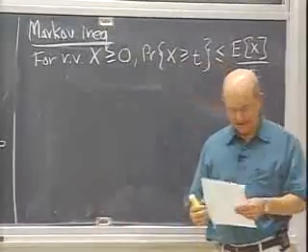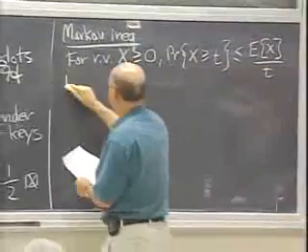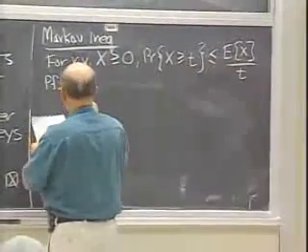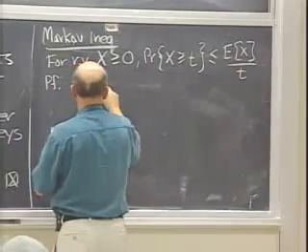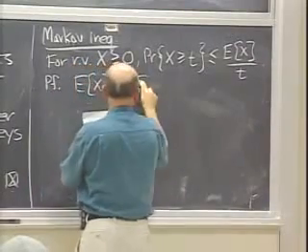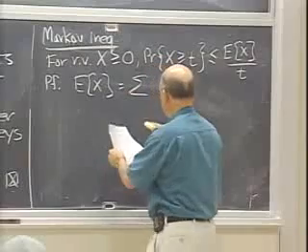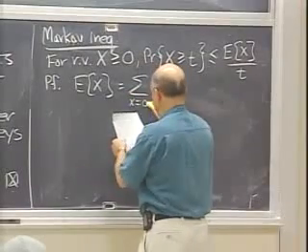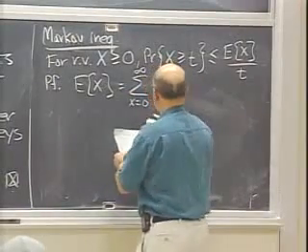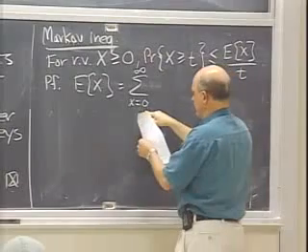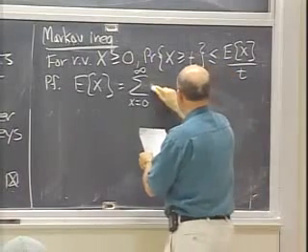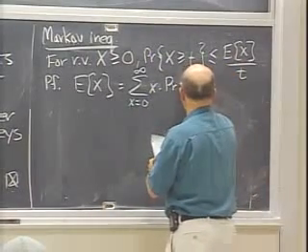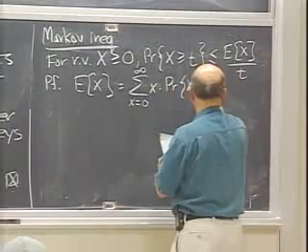Couldn't happen. The proof follows directly from the definition of expectation. I'm doing this for a discrete random variable. So the expectation, by definition, is the sum over little x from 0 to infinity of x times the probability that my random variable takes on the value x.